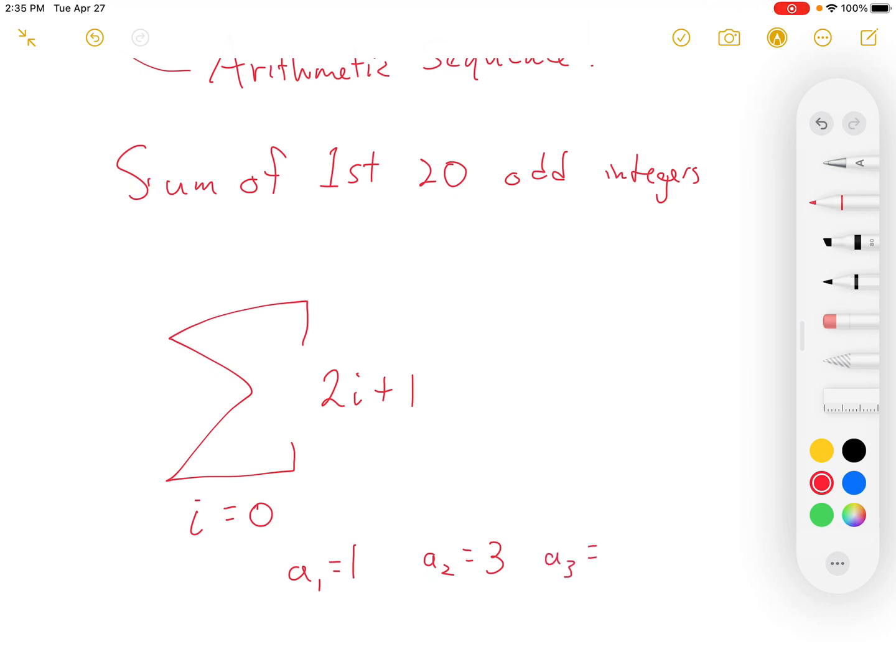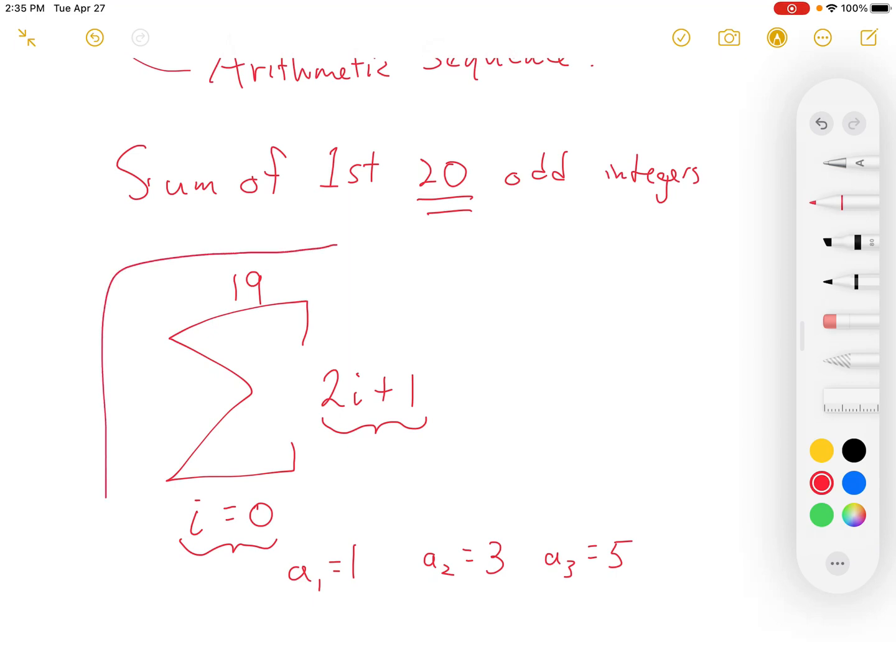The third term would be 2 times 2 is 4, 4 plus 1 is 5. Okay, so this is your equation that you're going to use. But we have to start at 0. Well, if I need 20 terms, then we would stop at 19, because 0 to 19 is 20 odd integers.